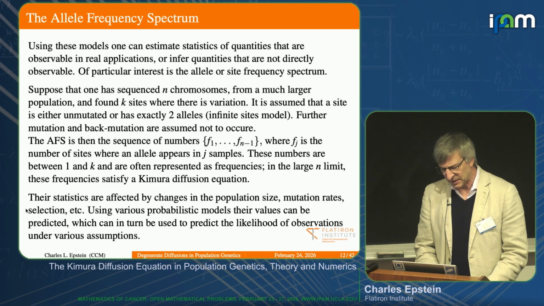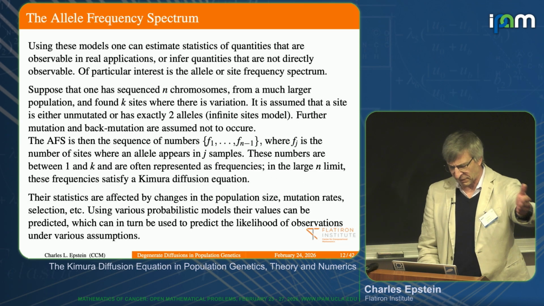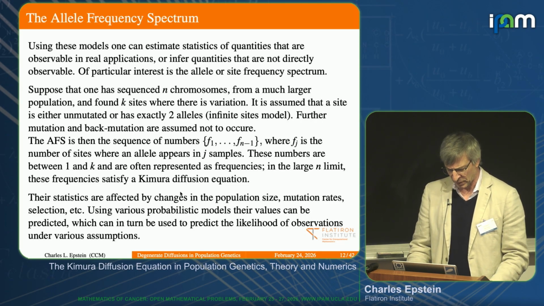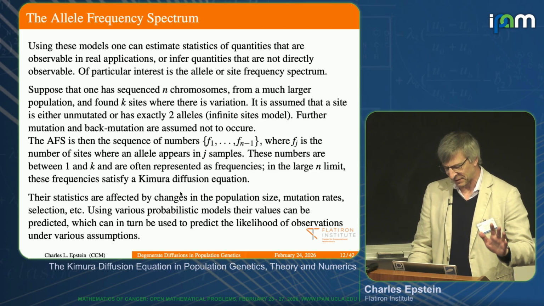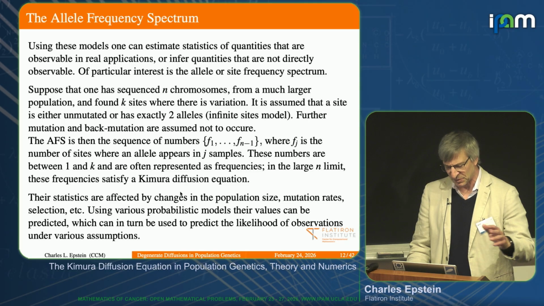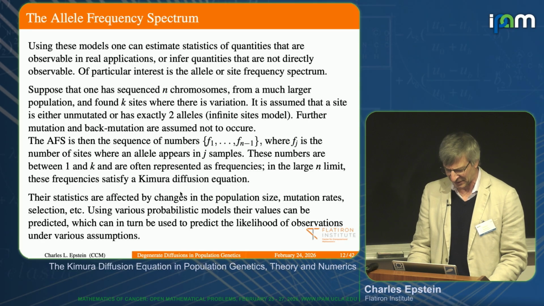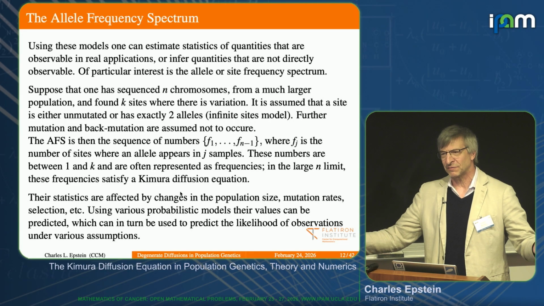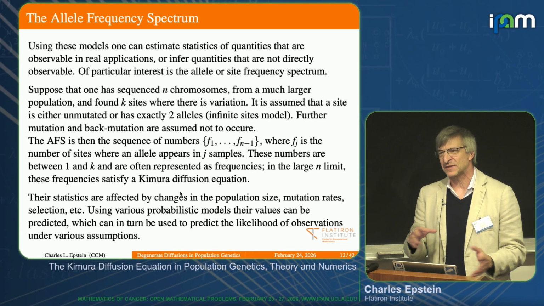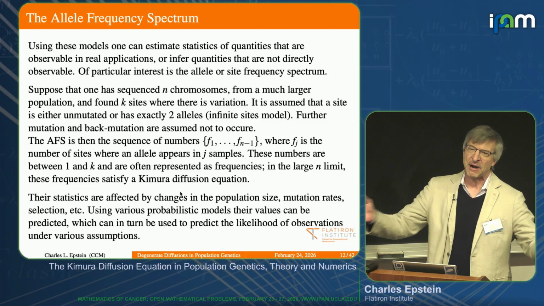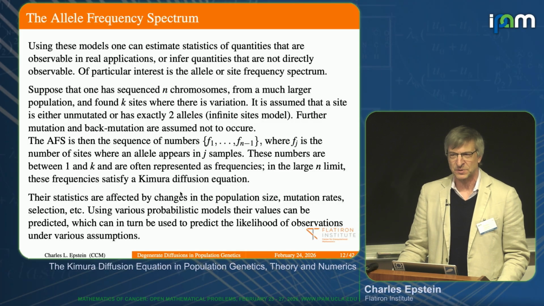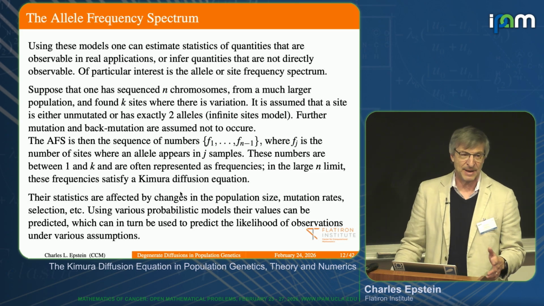And it turns out that in the large N limit of very many samples, these frequencies satisfy a Kimura diffusion equation. The statistics of these things are affected by just about everything: changes in the population size, mutation rate, selection. When you make these observations, you want a parameterized model, and you want to ask what is the likelihood of these observations given this choice of parameters.